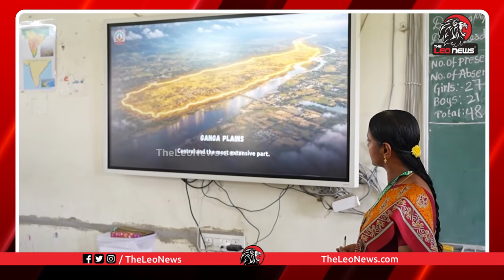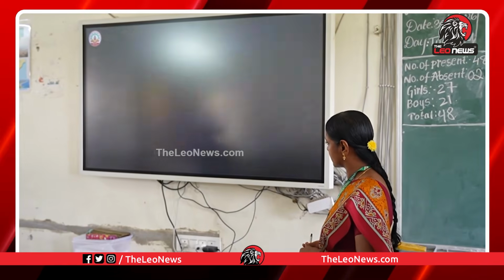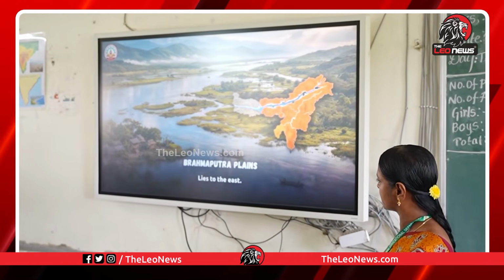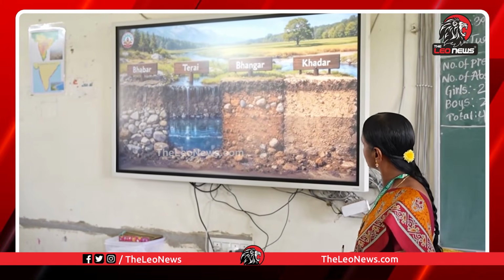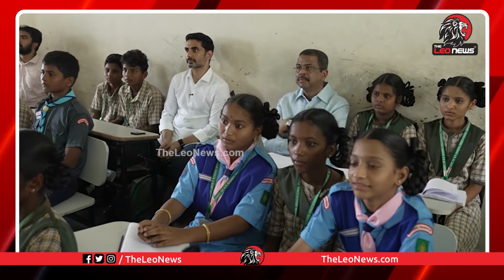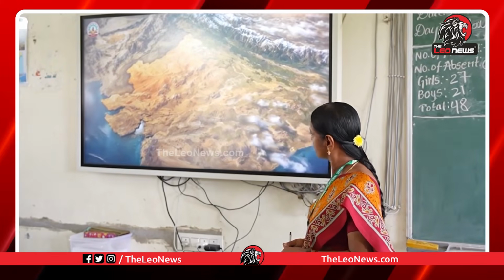Ganga Plains, the central and most extensive part. Brahmaputra Plains, which lie to the east. These plains are also divided based on soil features into Bhabar, Terai, Bhangar and Khadar. Most of India's population lives here because of the fertile land and water availability.